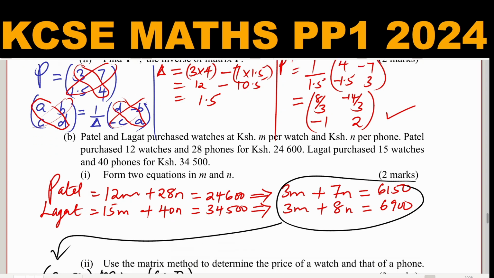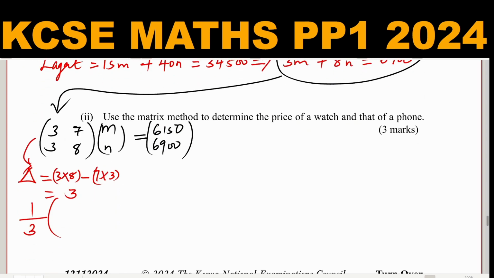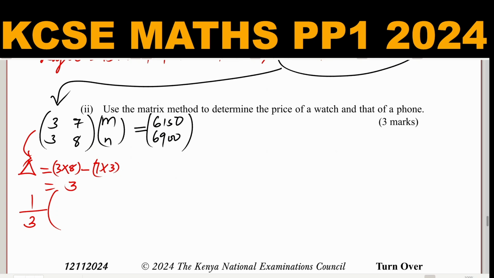That is what is going to guide us there. When you interchange these values, you have 8, negative 7, and then negative 3, 3. That will be the inverse. You can leave it like that, or you can multiply each element in the bracket by that.